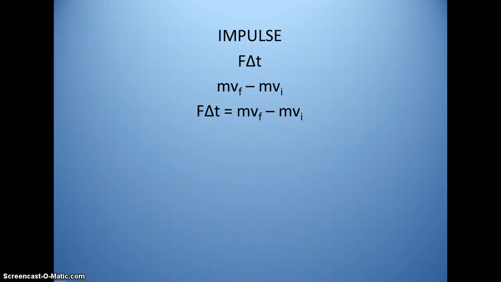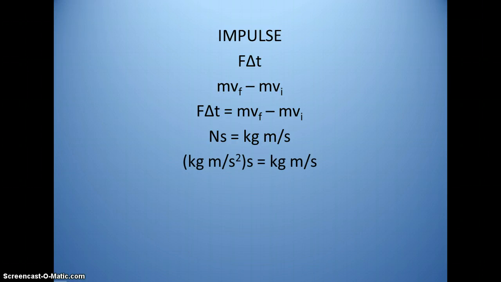On the left side, force is a newton times time in seconds, and on the right, the units for momentum are simply mass times velocity, or kilogram meter per second. Now, a newton is a kilogram meter per second squared, and if we multiply that by seconds, we're left with both sides of the equation as kilogram meter per second. So when writing units, please feel free to use either kilogram meter per second or newton seconds.